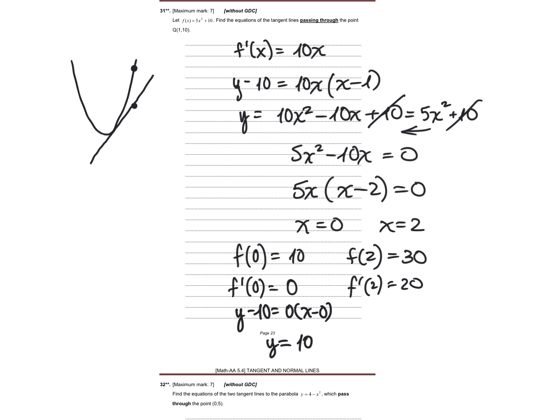So y is 10. I'm going to take a screenshot of the picture so you see. So here we have y minus the y coordinate 30 equals m times x minus the x coordinate 2. So y equals 20x minus 40 plus 30, so minus 10.